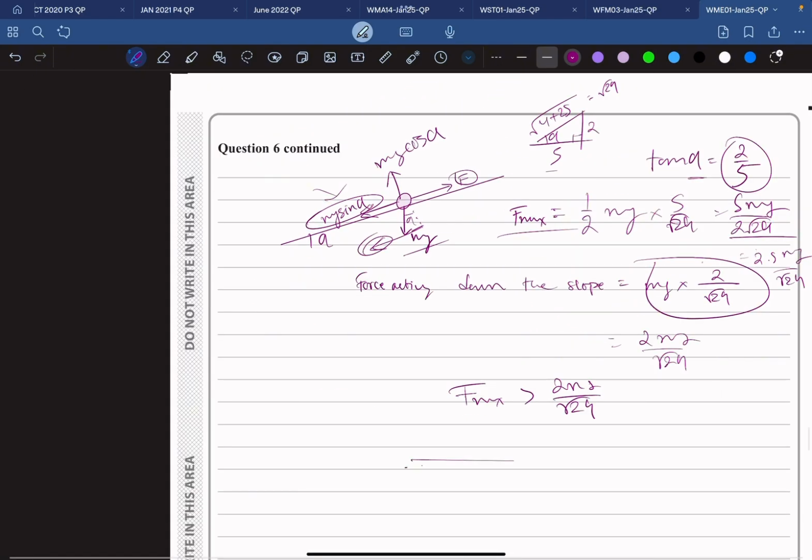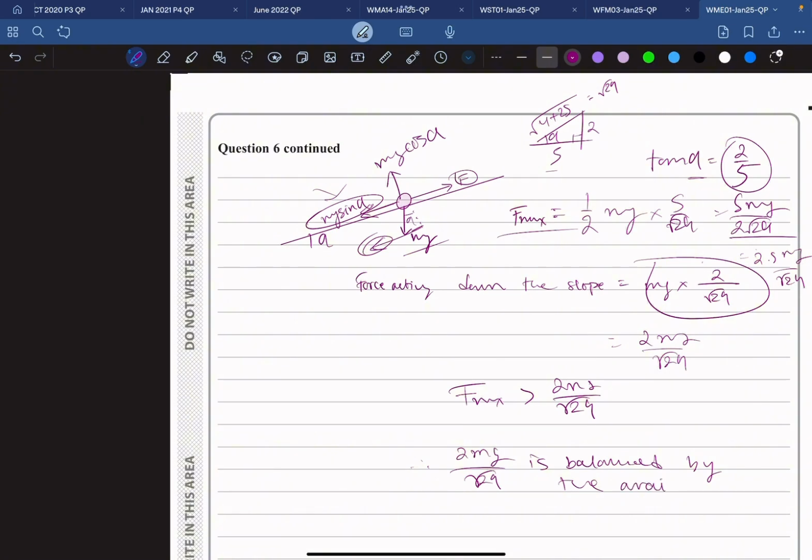Therefore this force, the component of weight, which is 2 mg by root 29, is balanced by the available friction.